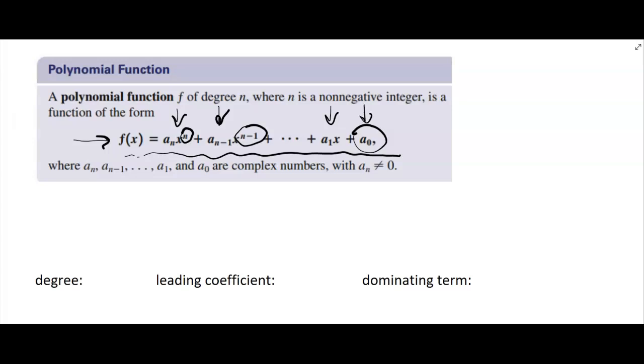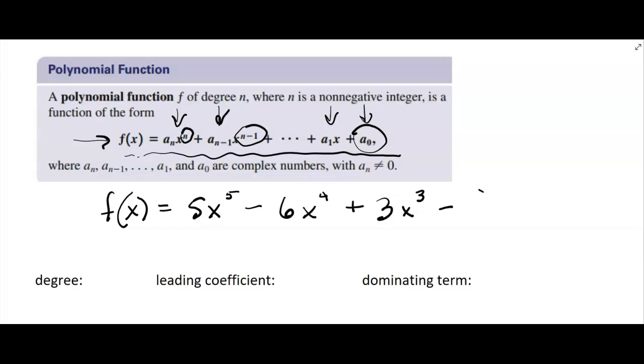So an example like what I'm talking about is f of x equals 5x to the 5th minus 6x to the 4th plus 3x cubed minus 8x squared plus x minus 7.